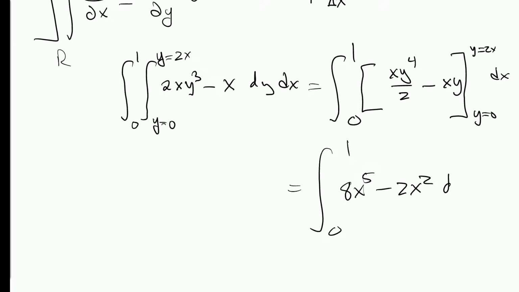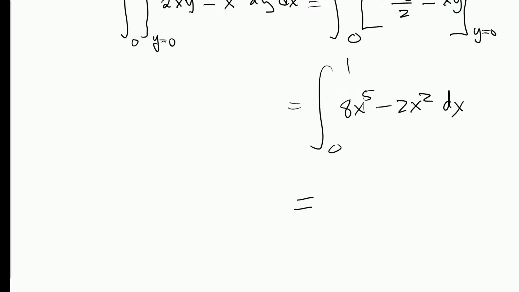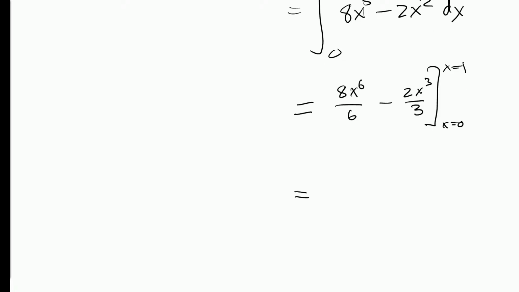I think I got that right. So you plug it in yourselves. I'm plugging 2x in here, but then I canceled and combined. No one's complaining, so we'll just go on. And then this becomes 8x to the 6th over 6 minus 2x to the 3rd over 3, evaluated from 0 to 1. And I think you probably can see what's about to happen.